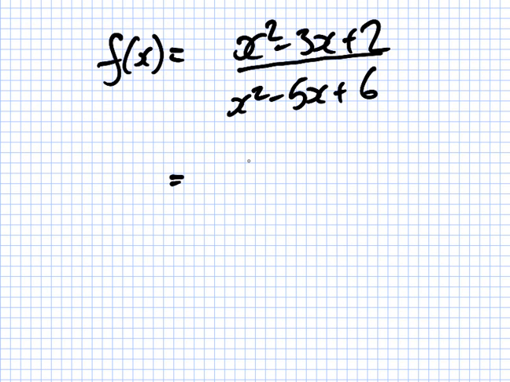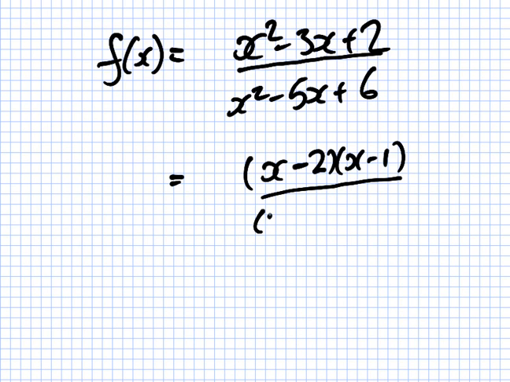On the top we get x minus 2, x minus 1, yeah? And on the bottom? No, that's not right. I think you have the wrong numbers there. x minus 2, x minus 3. Yeah? Alright, try it again. So what's the domain here?